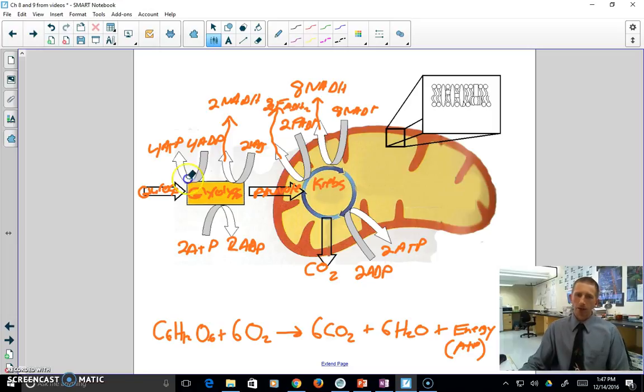Now, we have our ATP, but that's not nearly enough because most of our energy is stored in these baskets right here. So where do these baskets go? Well, the NADH goes to pump number 1. The FADH2 goes to transport protein number 1 and drops off its electrons.